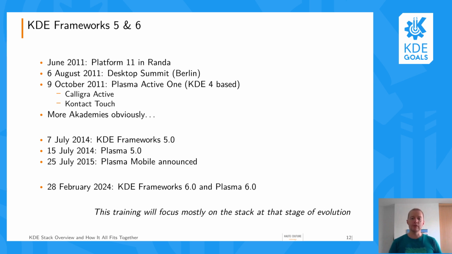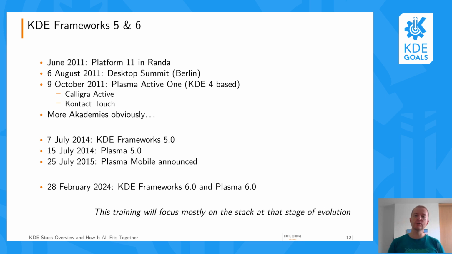The second desktop summit happening around there, and the mobile initiatives led to the KDE4-based Plasma Active stack, and there's been like a Contact Touch version, a Calligra Active version, to try to get things to work on mobile and tablets. There's been more academies, obviously.